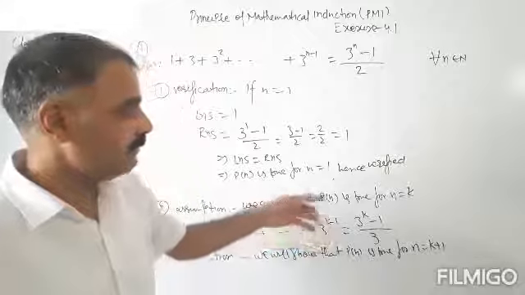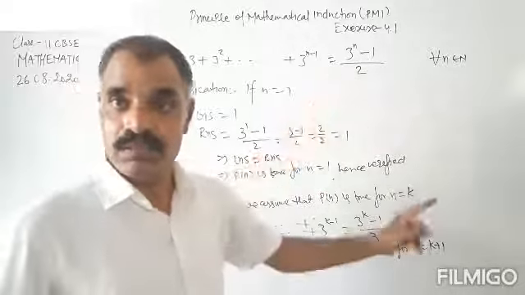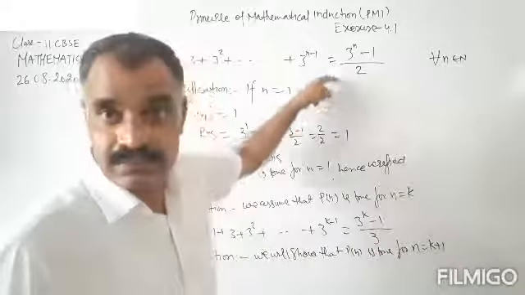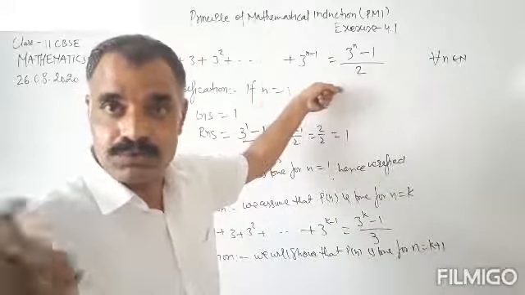So what will be the given statement for n equals k plus 1? Putting n equals k plus 1 in this statement, we will obtain the statement for n equals k plus 1.